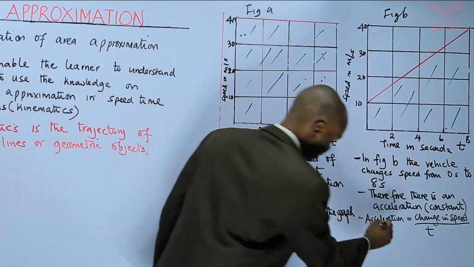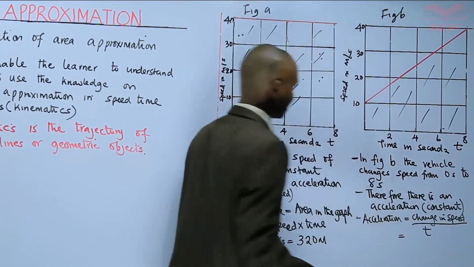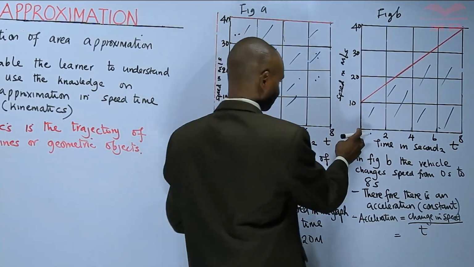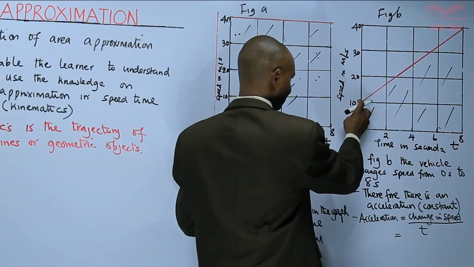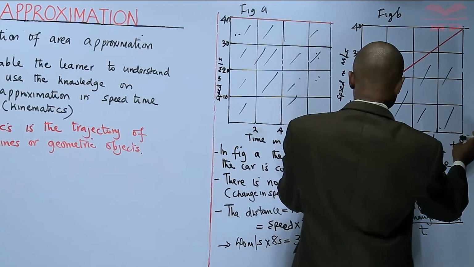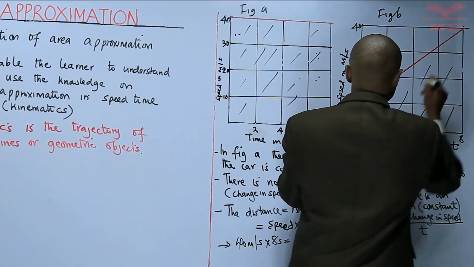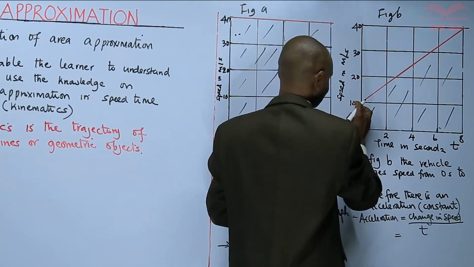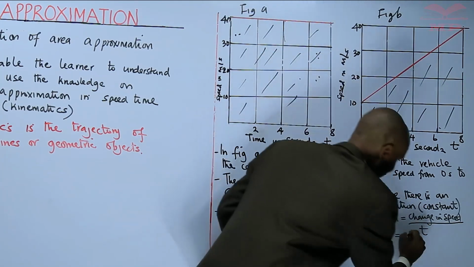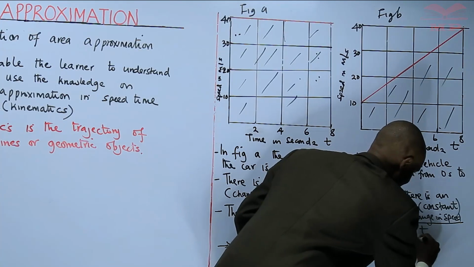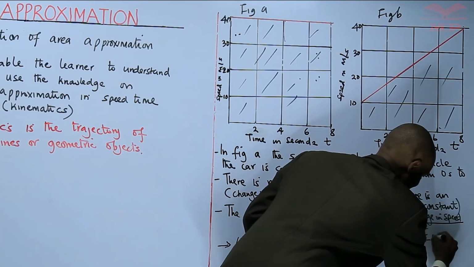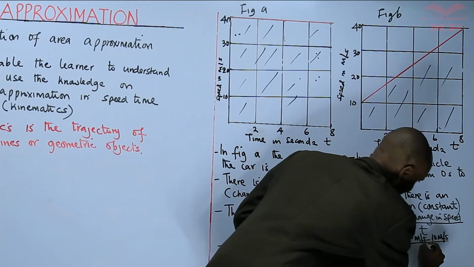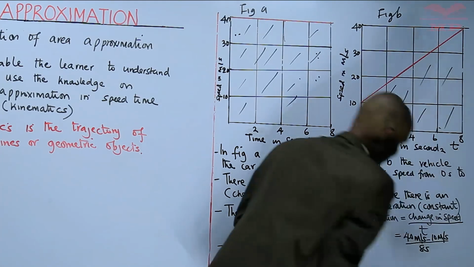So we shall come and get here what? The change in speed: at 0 seconds it is at 10, at 8 seconds it is at 40. So the change in speed within that time will be 40 meters per second subtract 10 meters per second, divided by 8 seconds.